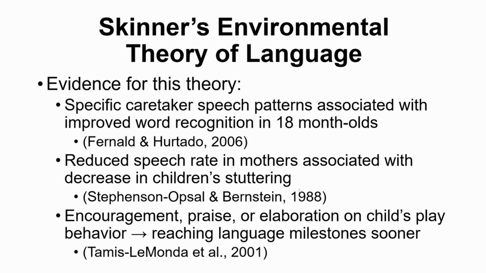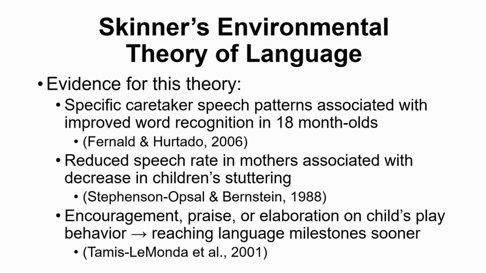Similarly, we looked at that older 80s study where they had children who displayed stuttering. So they struggle to put words together without repeating words or getting stuck on words and things like that. And they adjusted the ways that their mothers spoke to them.